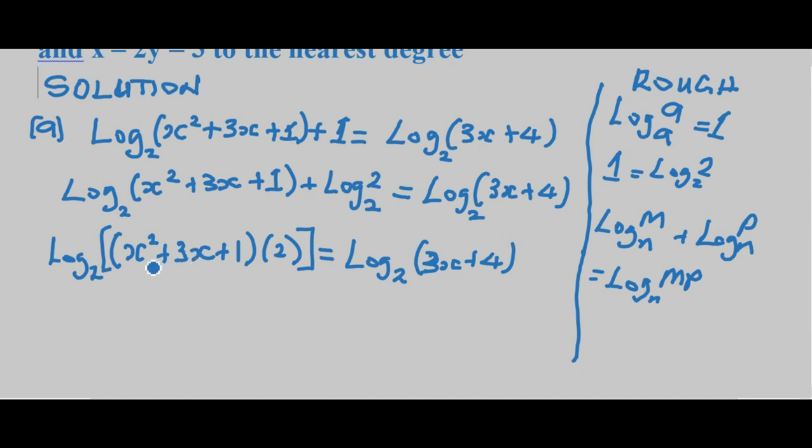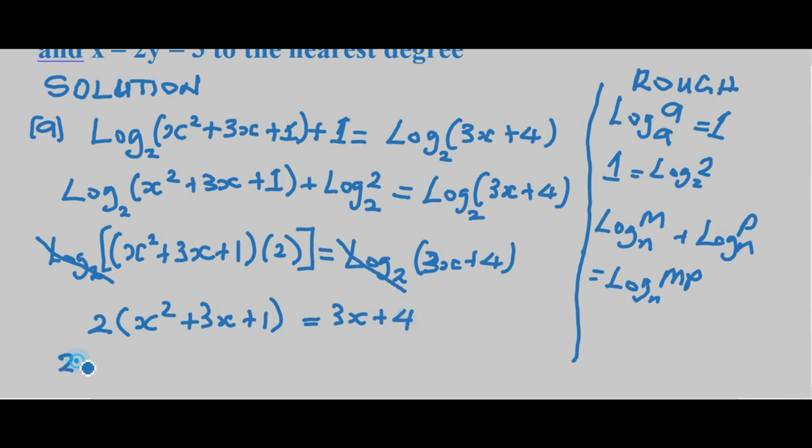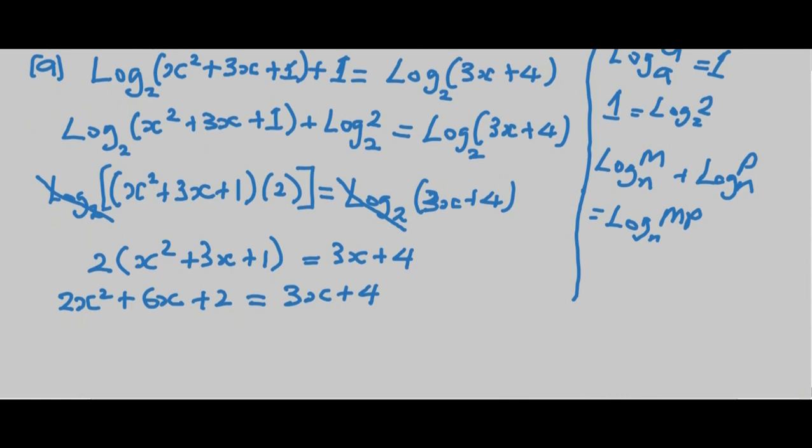Since we have the log of base 2 on the left hand side and also on the right hand side, they can cancel out. So we have 2 into (x squared plus 3x plus 1) is equal to 3x plus 4. Open the bracket, you expand: 2x squared plus 6x plus 2 is equal to 3x plus 4. This has turned into a quadratic equation.